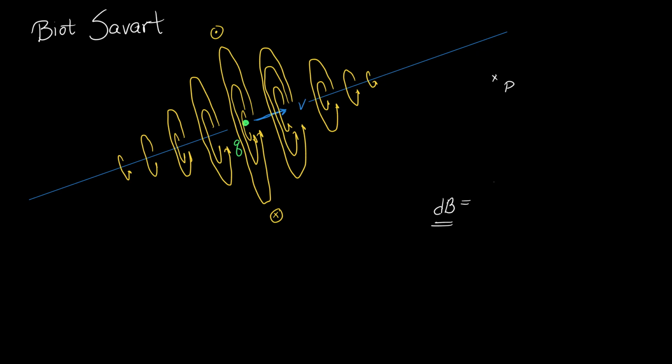First there is a constant of proportionality, mu naught over 4 pi. That's out front. It's a constant of proportionality. Mu naught is the permeability constant. And I think this is the first time you are seeing it, so we'll talk a little bit about it in the future, but it is a constant much like the permittivity constant. So this is called the permeability constant.